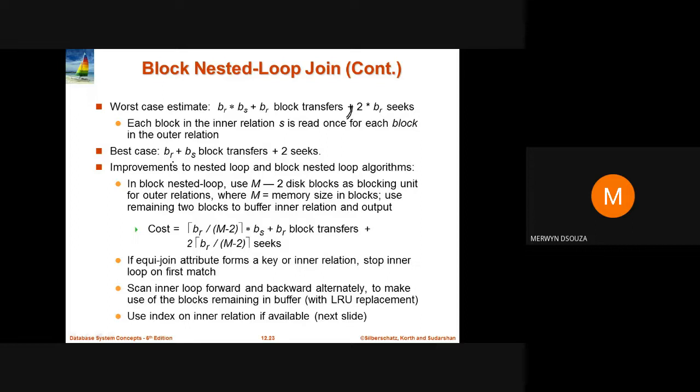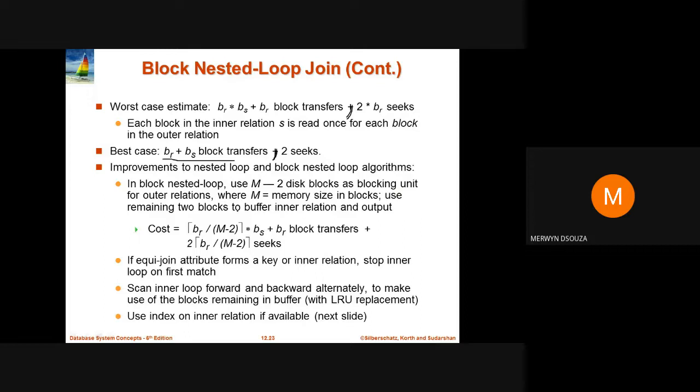In the best case, the number of block transfers will be BR plus BS, and the number of seeks will be just 2. Again, this is a comma. We could improve the block nested loop algorithm by using M-2 disk blocks as a blocking unit for the outer relation, where M is the memory size in blocks.